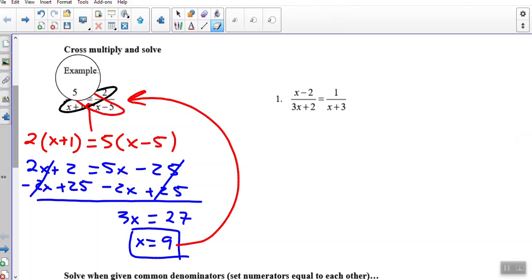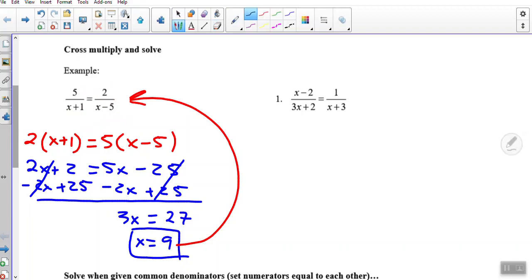You could have extraneous solutions for this as well. The key here is making sure the denominator is not 0. If the denominator is 0, that means the expression is undefined, and that's no good. So if you plug 9 in, you get 10 here and 4 here, so that's okay. So x equals 9 is a valid solution.